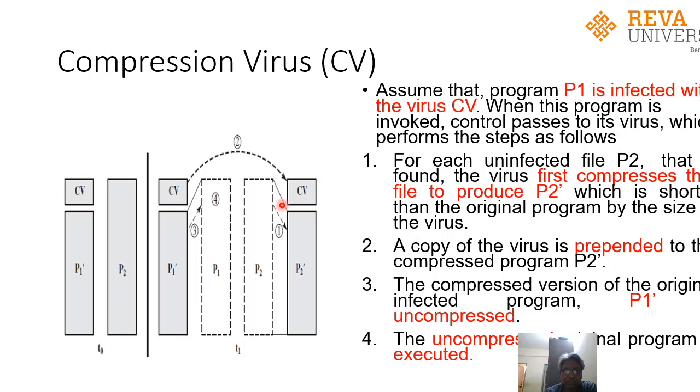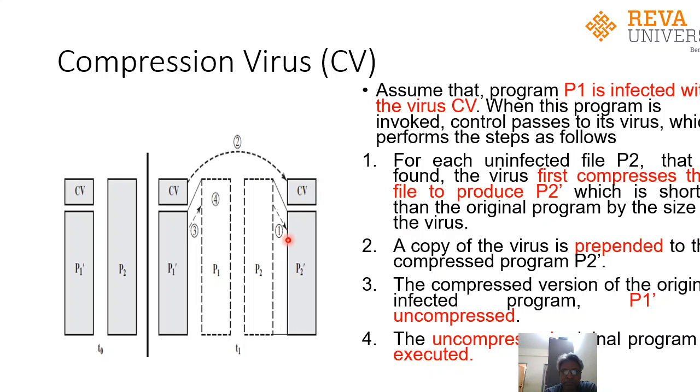In the first step, P2, an uninfected file, is found by the virus. It first compresses P2 to P2', which looks shorter than the original program P2 by the size of this virus.